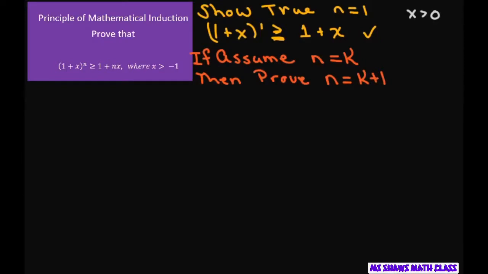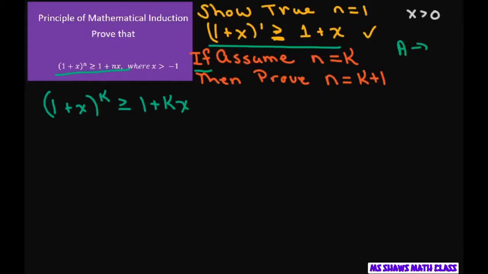Let's change this to k. So (1 + x)^k is greater than or equal to 1 + kx. So that's our if statement: if the assumption, then the proof.